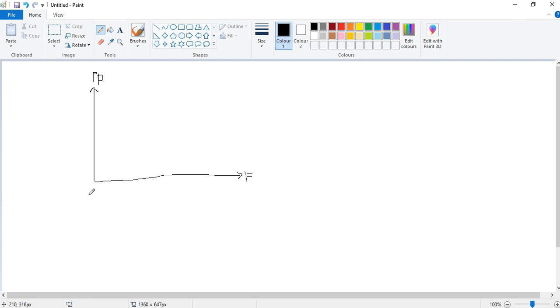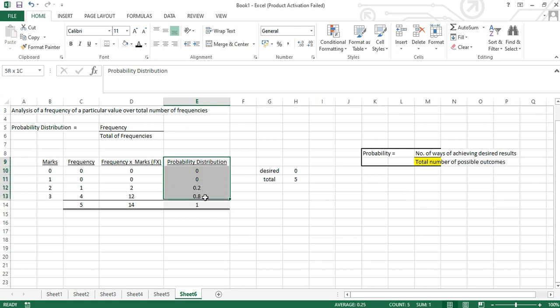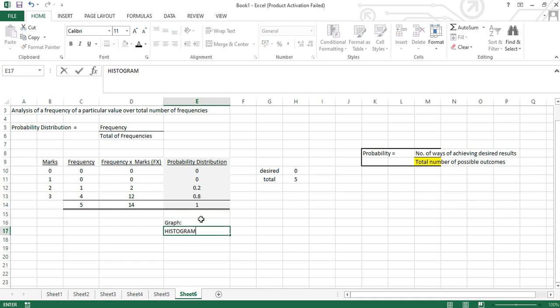So if it is in a graph, it must be a histogram. Remember that. It is never any other graph. The format of the graph of a probability distribution is always a histogram. Make a note of it.